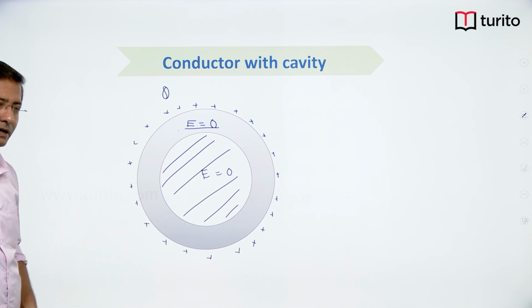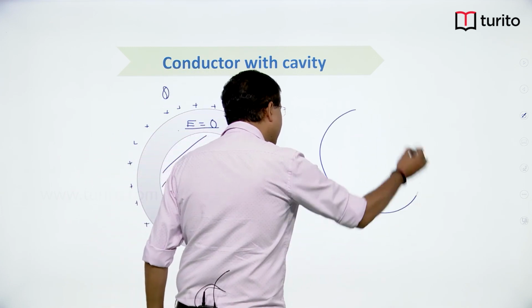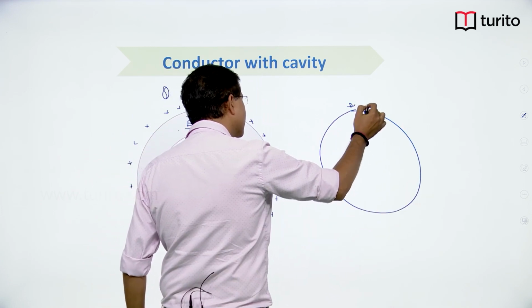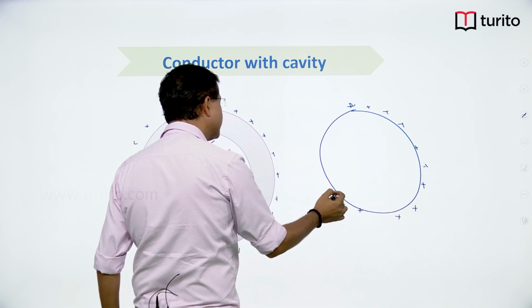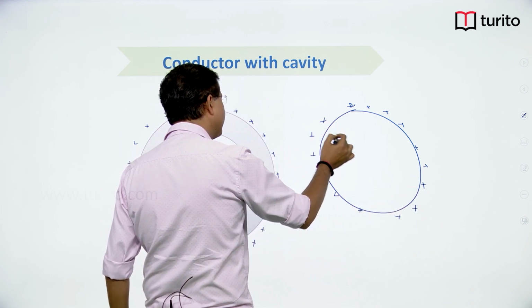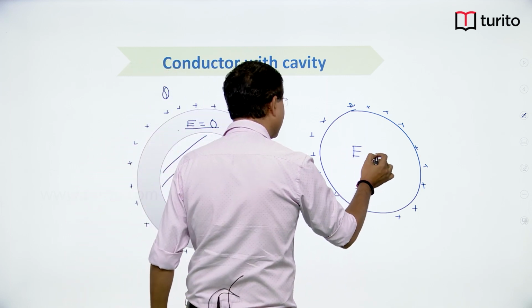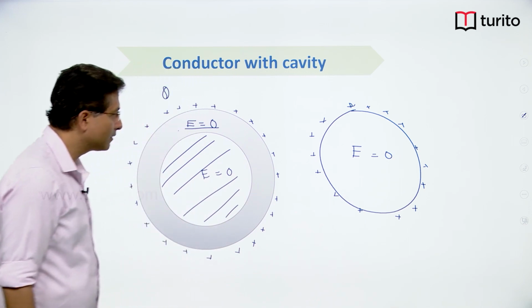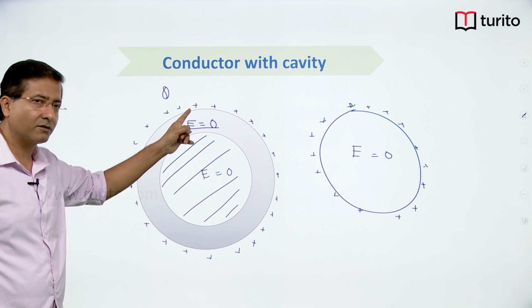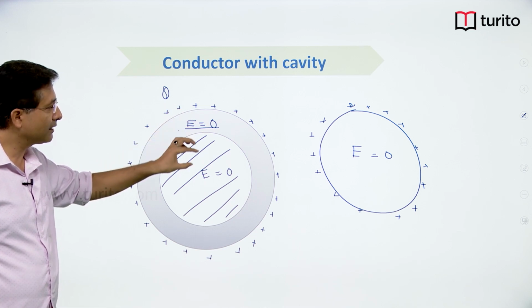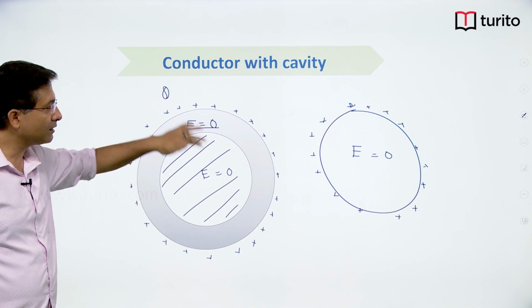And the same thing we have derived in electrostatics 3, that because of the charge on a spherical shell, everywhere inside field will be 0, right. We have derived it there. Same situation, field was 0, right. So it is the responsibility of the charge appearing on the surface to make the electric field 0, and we have seen that whatever charge you are giving, that whole charge will appear on the surface.